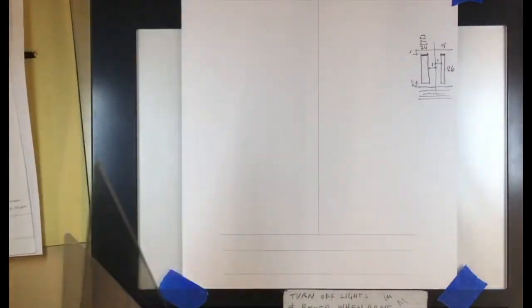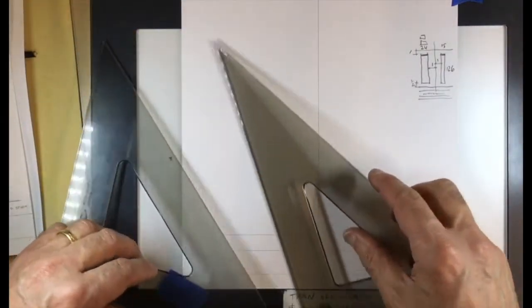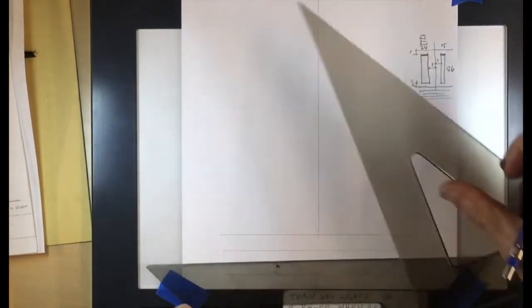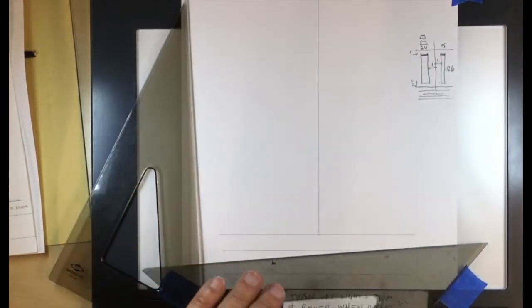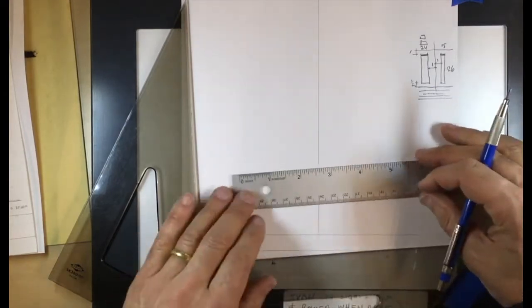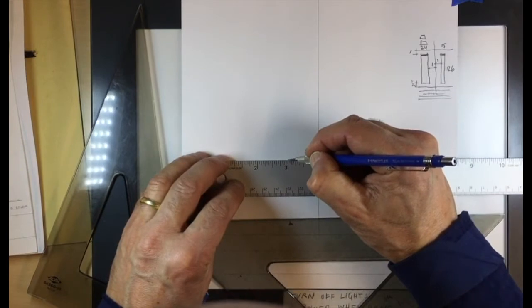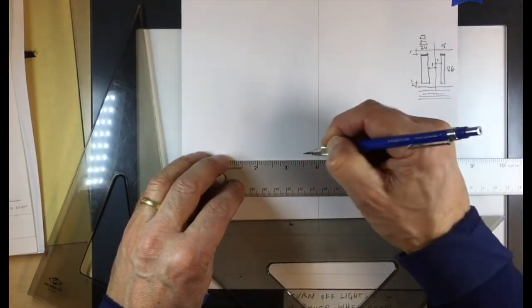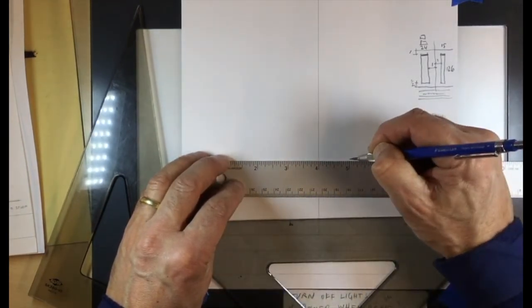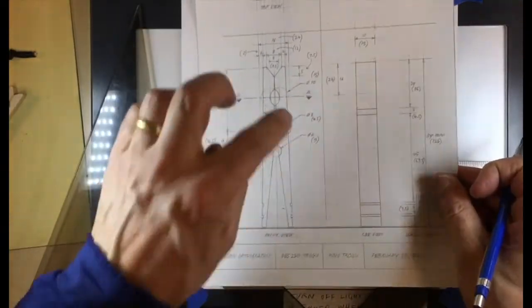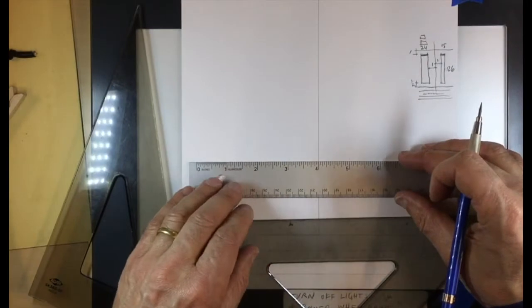So let me quickly draw my own box. Maybe what I'll do is put this down and draw on top, so that I can leave it up for you to look at.